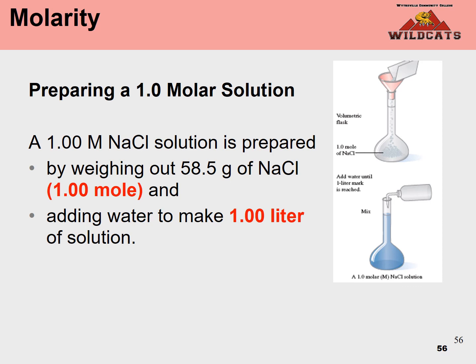To prepare a 1 molar solution, we're going to use sodium chloride as an example. A 1 molar salt solution is prepared by weighing out 58.5 grams of sodium chloride. That's 1 mole; you add up the mass of sodium and chlorine. And then we add water to the 1 liter mark. So this is moles of solute over a total of 1 liter of solution.